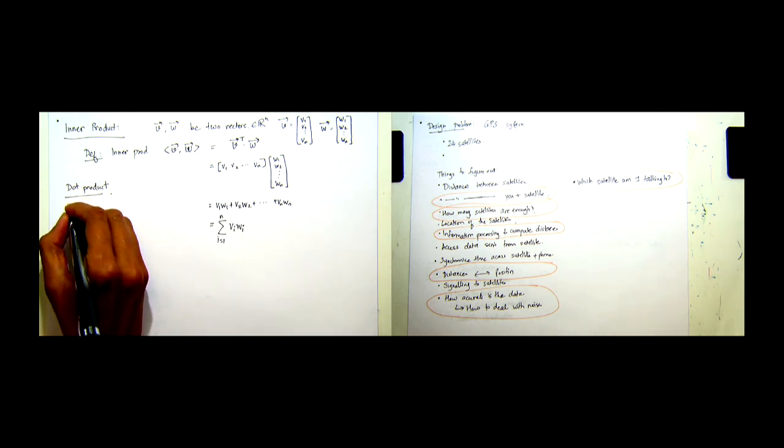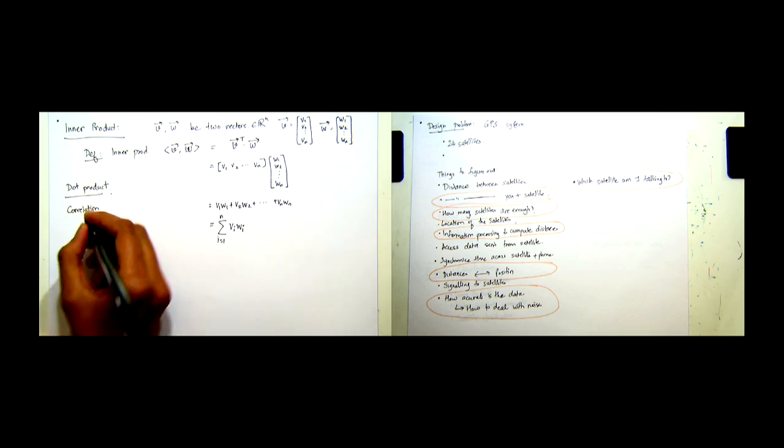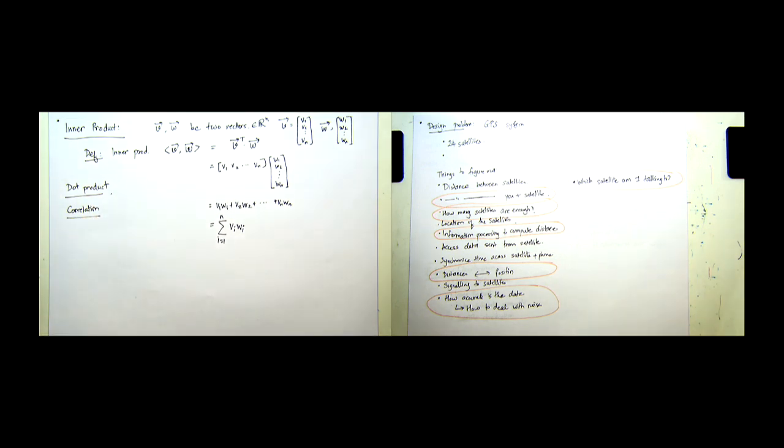You will also see that this is very related and is essentially the same as the idea of correlation. So if someone asks you what is the correlation between two vectors, they're also essentially asking you for the dot product.